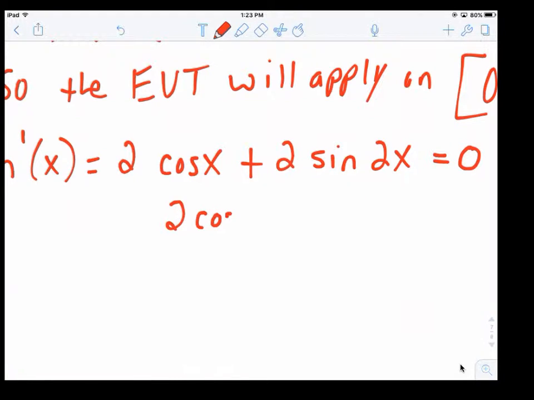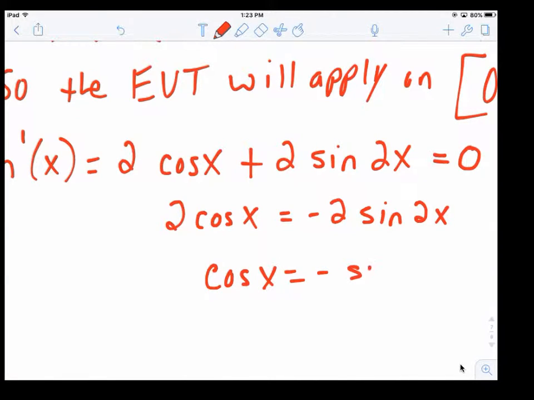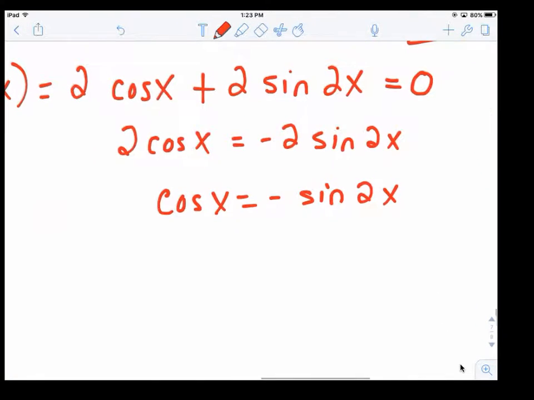So if I have 2 cosine of x equal to negative 2 sine of 2x, where is cosine of x equal to negative sine of 2x? All right, so no. It might be.